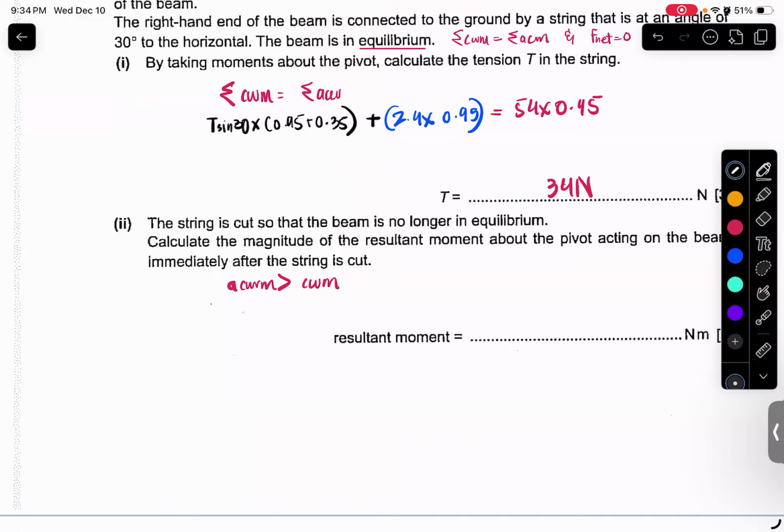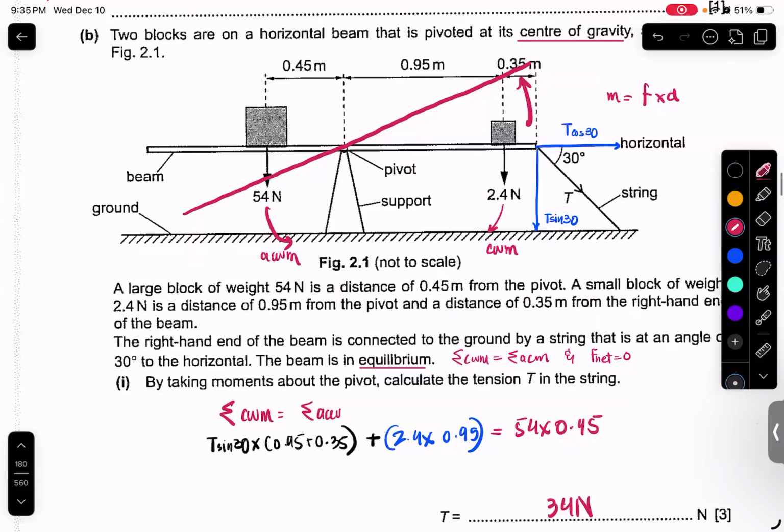So how do you calculate the magnitude of the resultant moment? You basically take the difference of them, just like you do net force. So anti-clockwise moment minus clockwise moment. That's all you do. But in this case, you don't add in the clockwise moment of the string.